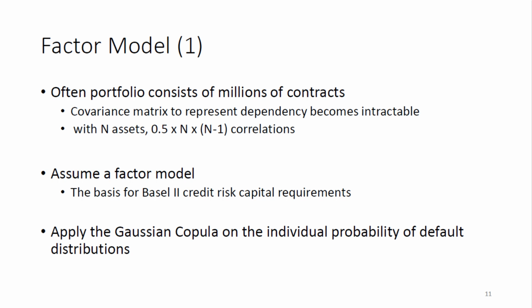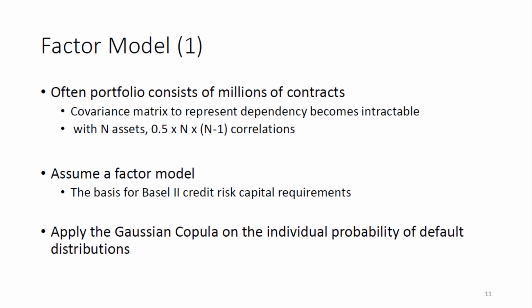So if I have N assets, and I look at the covariance matrix that's there, then I need N times (N minus 1) times a half correlations to determine, which is a mess. So instead, what we will propose is that we impose a factor model. What the factor model simply does is say, well, I'm not going to determine the co-movements between two assets directly, but this co-movement flows through a joint relationship that these two assets or any two assets have to a common factor.